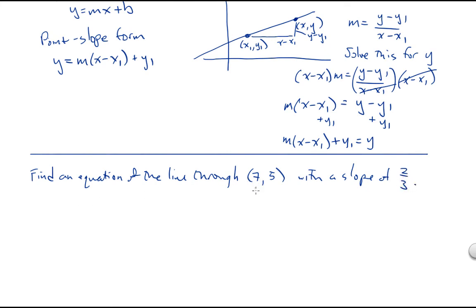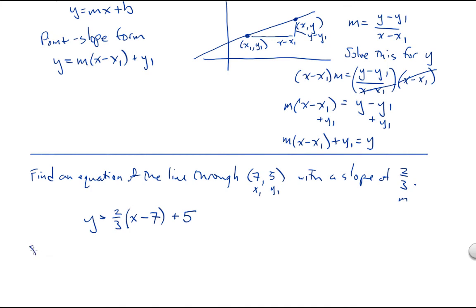There's our point, x1 and y1, and here's our slope m. So an equation of the line is m, which is 2/3, times (x, which is still a variable, minus the x coordinate 7), and then we add the y coordinate 5. That's it. That's an equation. Again, technically correct.